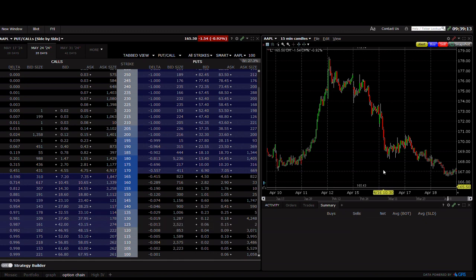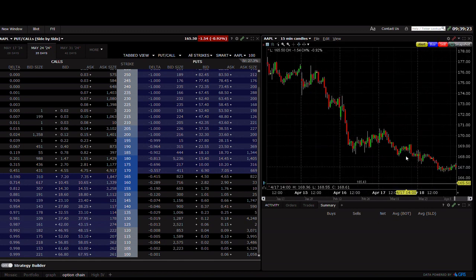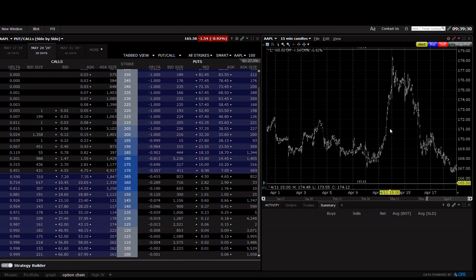If it goes below, what happens? If the price goes below 125, you as an option buyer have the right to sell your stocks at the price of 125. So this is the maximum loss you are ready to take.